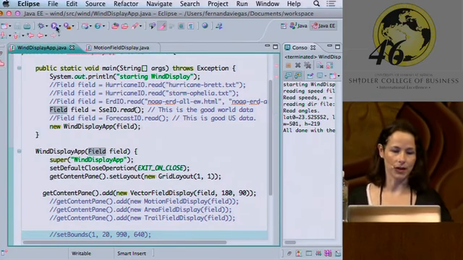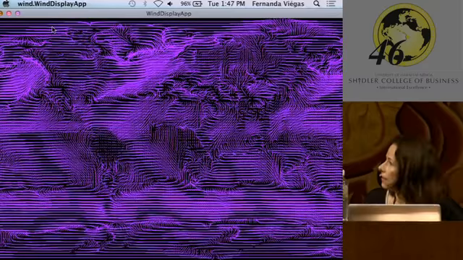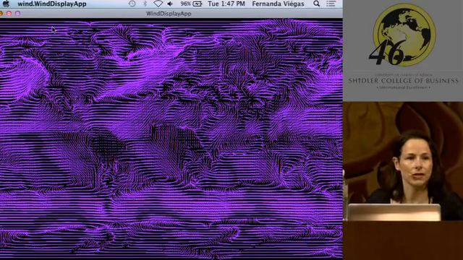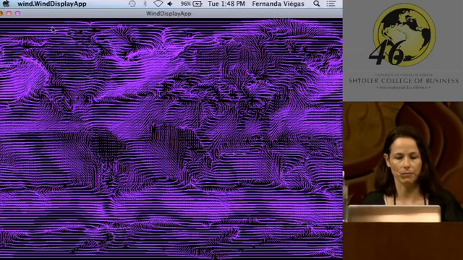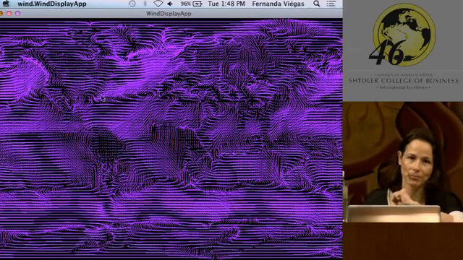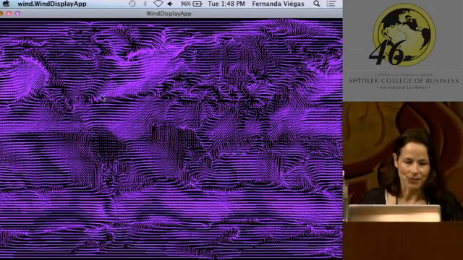So the first thing we did when we got the data was to run a little vector field and make sure that we were getting good data. So this is the world, and these are just vectors. And we made it this very bright green on a black background to remind ourselves that this is exactly not what we wanted. So at the top, you can see the US silhouette there.